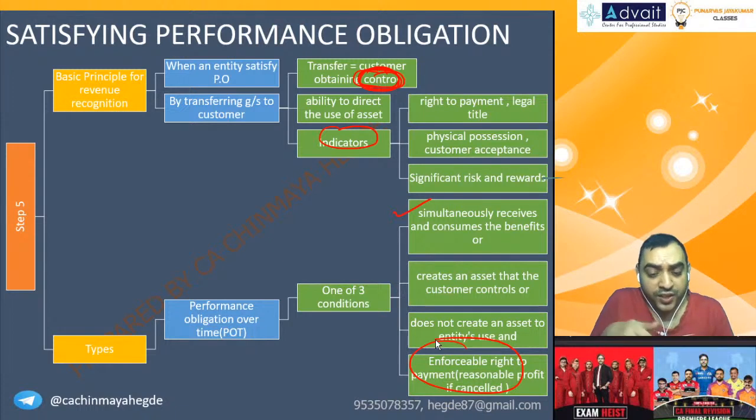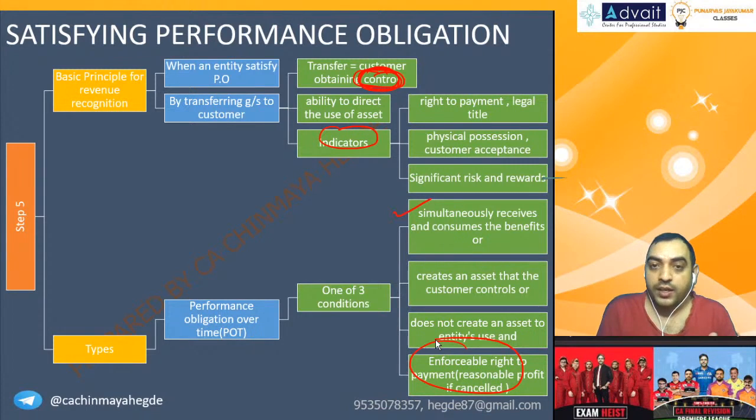Now, as and when you start doing the work, does the customer get the benefit? No. Do you transfer anything to them? No. Now, if the work is not completed, in between, do you have the right to receive the income? We don't know. That depends on the terms of the contract.